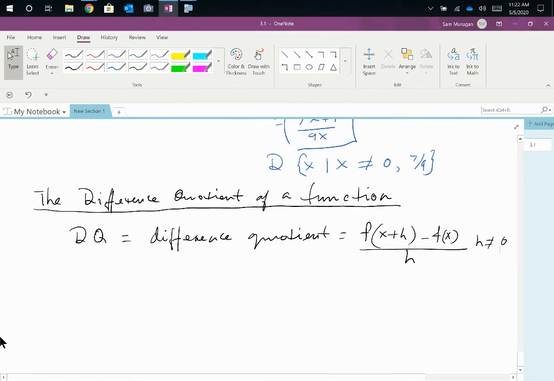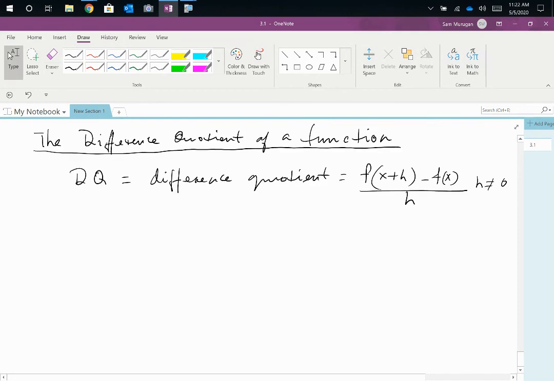So I want to make sure that we know how to find a difference quotient. So let's take a simple example here first.